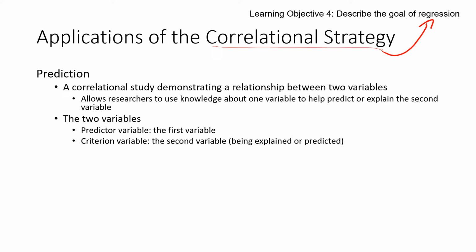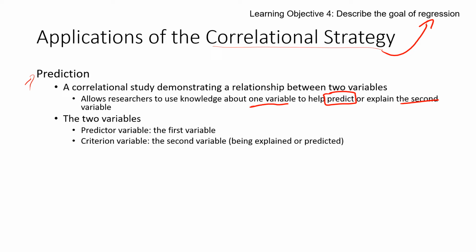However, regression allows us to take it one step farther and make predictions. So a correlational study demonstrates a relationship between the variables, and allows us to use knowledge about one variable to help predict a second variable.